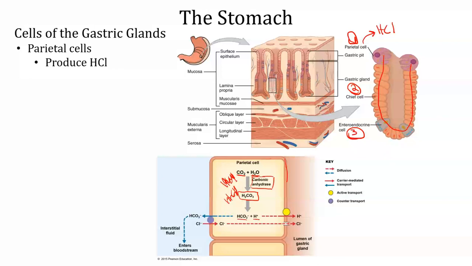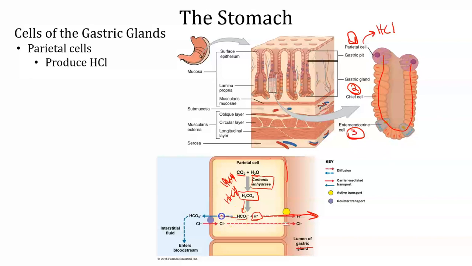There's a lot of enzymes and proteins that are highly sensitive to pH, so changing the pH might denature them and render them ineffective. So the clever mechanism at play then is, from carbonic acid, or sorry, the dissociation of it, the hydrogen ions are pumped straightaway out into the lumen of the gastric glands. But the bicarbonate ion that results from this dissociation has a little bit of a greater journey.